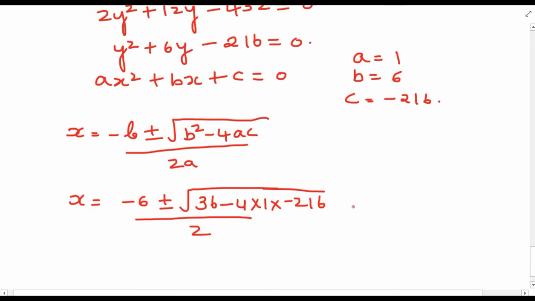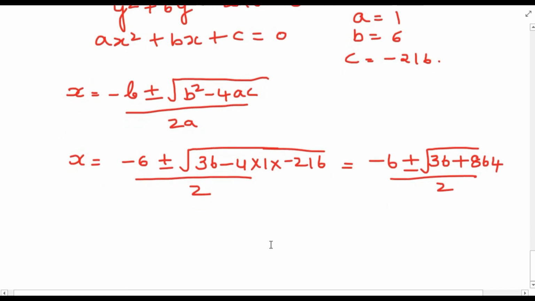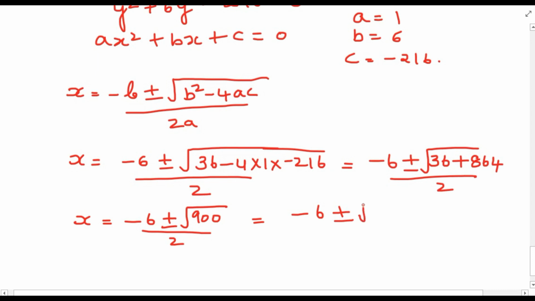So this you can write as minus 6 plus or minus square root of 36 plus 864 divided by 2. So when you simplify this, you will have x is equal to minus 6 plus or minus square root of 900 divided by 2. And square root of 900 is 30, divided by 2.